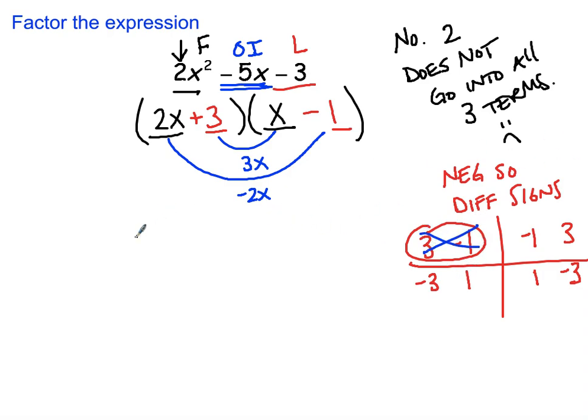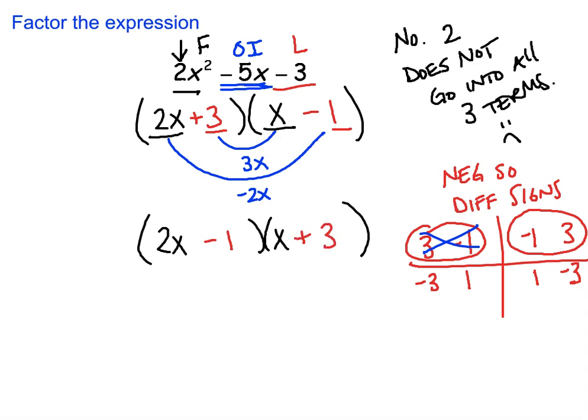So then we try a different combination. Let's try this combination. Put a -1 here and a +3 here. Check the outsides. 2x times 3 would be 6x. -1 times x would be -1x.